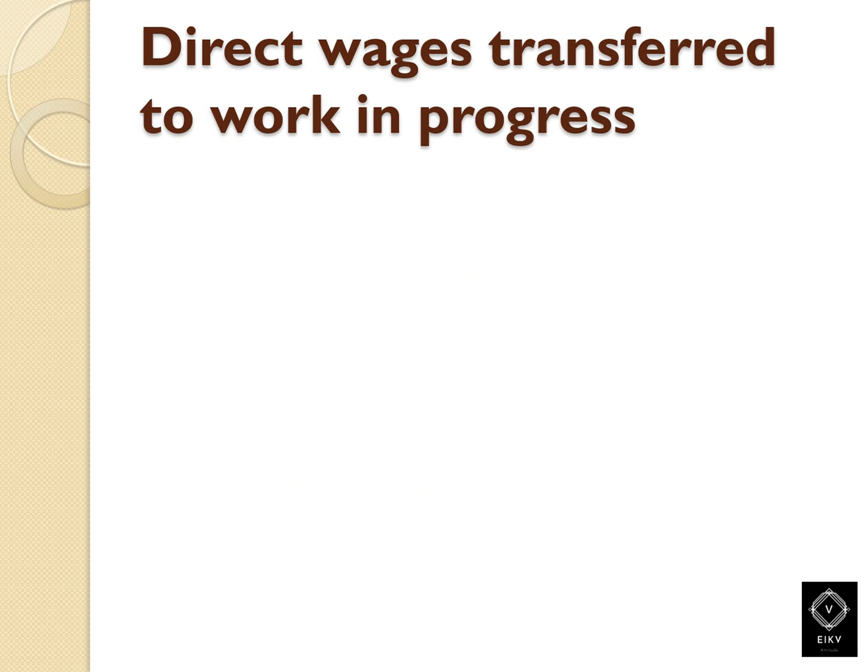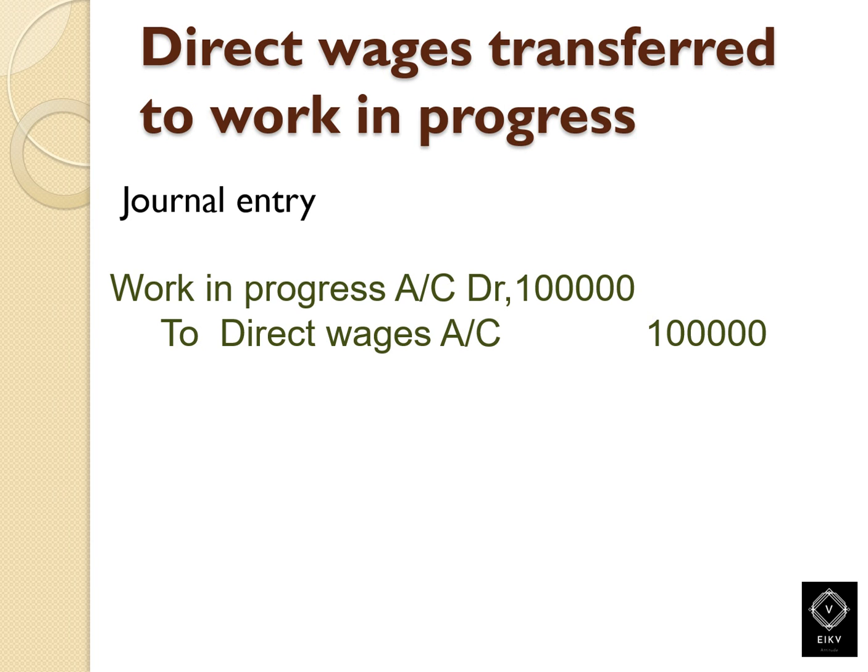Now the direct wages is transferred to work in progress. This is the entry where we take the direct wages expense account towards the work in progress account. So the direct wages account will be nil and work in progress increases. The journal entry will be: work in progress account debit, to direct wages account.